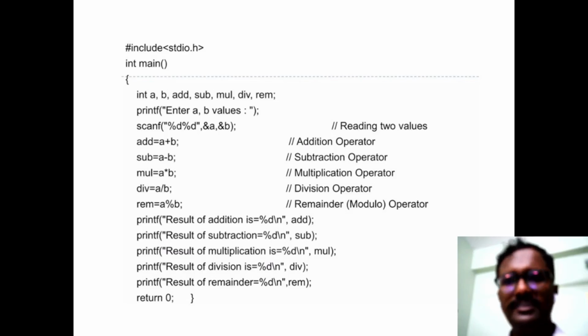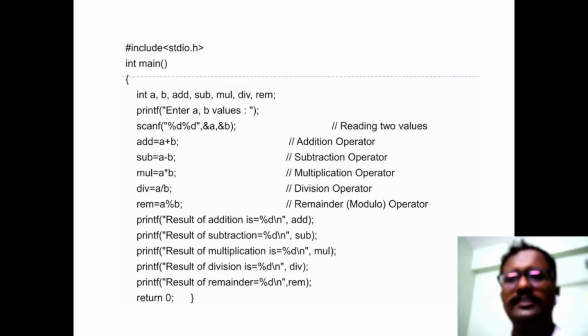Here the integer variables a, b, add, sub, multiple, divide and remainder are declared. These will all be numbers, and if we get numbers, we call them integer values, integer variables.